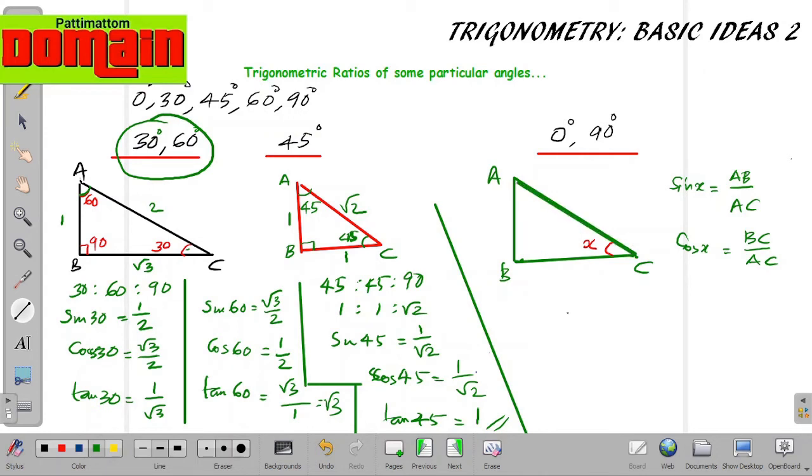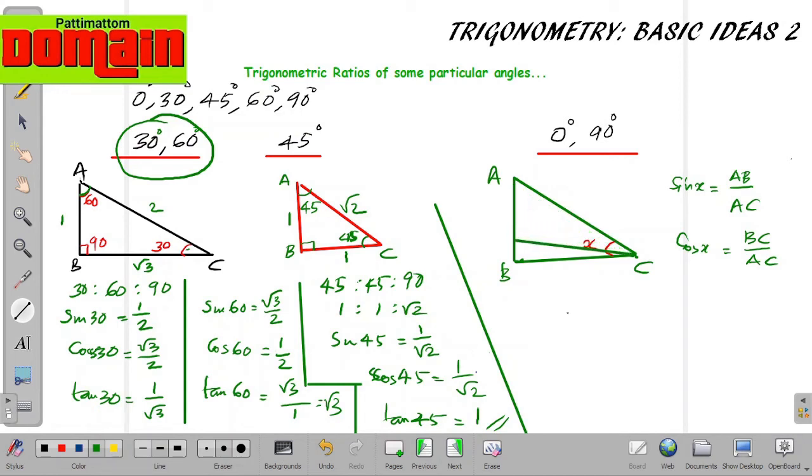See this hypotenuse. Suppose point A is dragged towards B. What happens to angle X? Angle X reduces and AB also reduces.